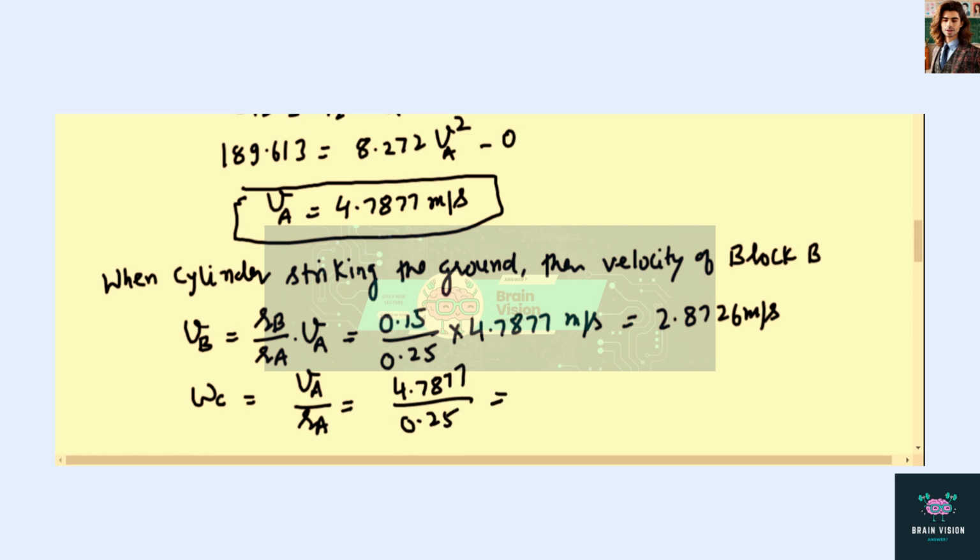So angular velocity of the pulley system you will get 19.1508 radian per second.